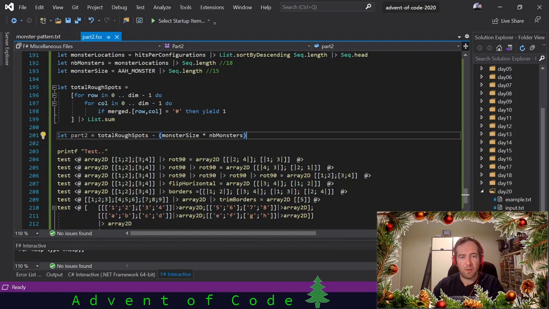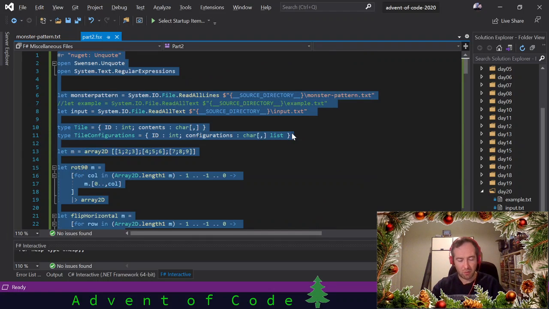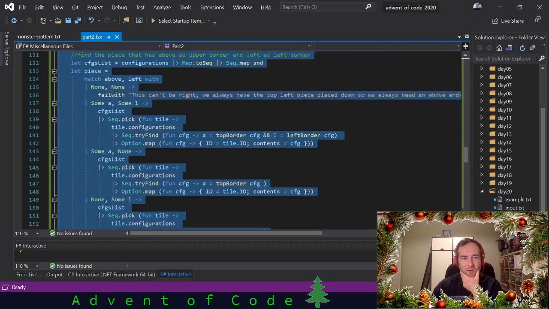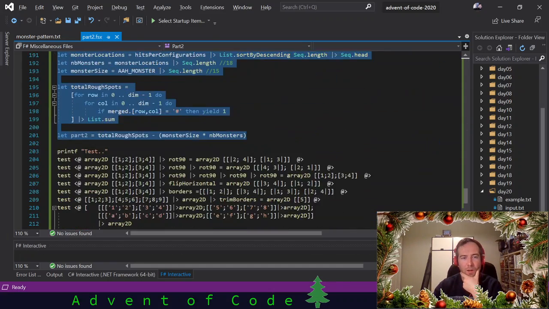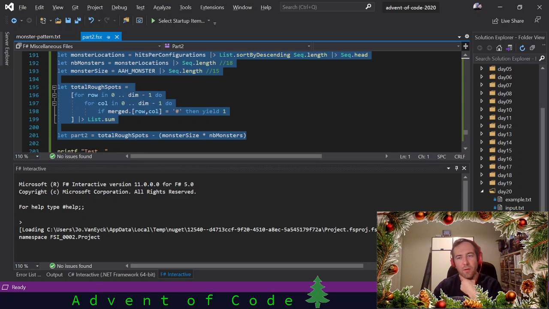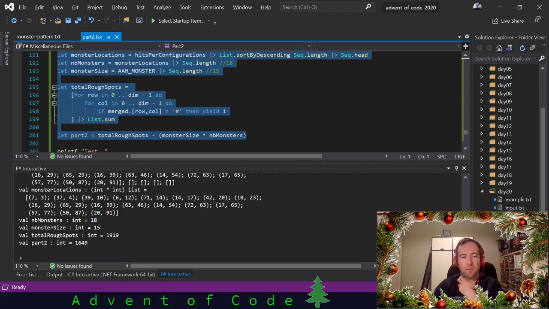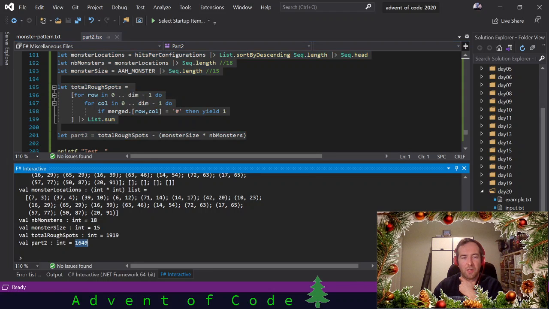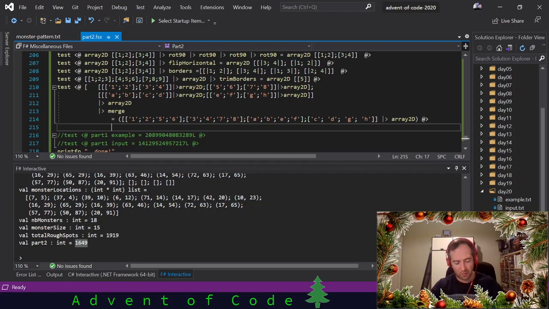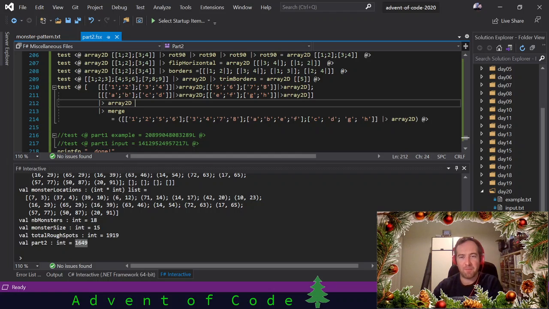Then you end up with a reasonably fast algorithm. But the problem today was not in computation time, it was in actually doing the legwork. So writing the combination, the rotation, it's a pretty rough puzzle. I hope next week will not be puzzles of this caliber, because I sure had my work cut out for me. So yeah, that's day 20 part 2 in F sharp.